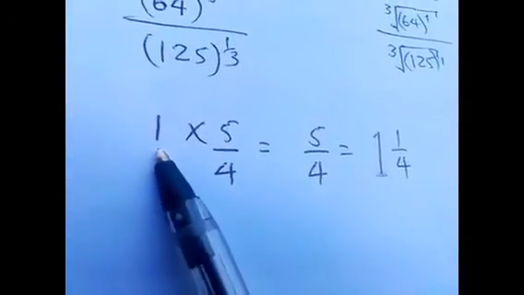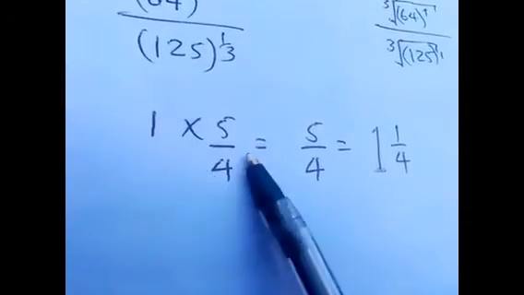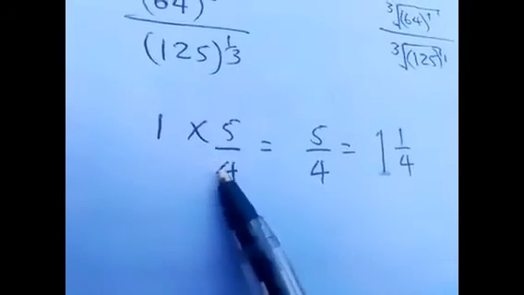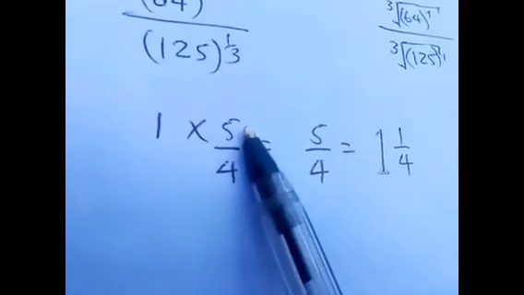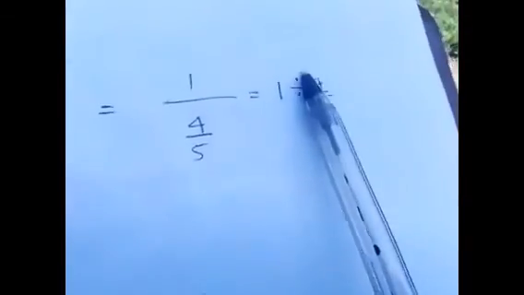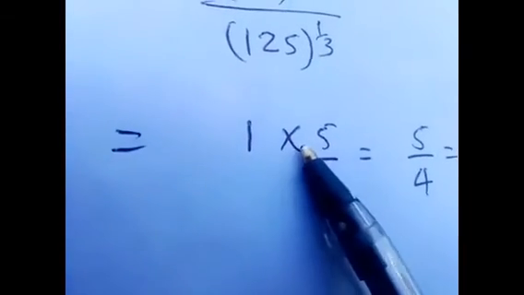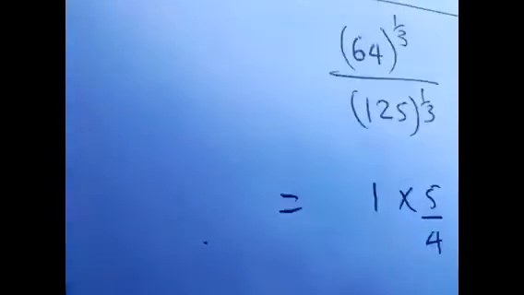So that is what is happening here. You remove the division, replace it with a cross, and then the function to your left, you alternate. The denominator becomes the numerator, the numerator becomes the denominator. So here our numerator was 4 and our denominator was 5. So they alternate, and now the 5 becomes the numerator and the 4 becomes the denominator.